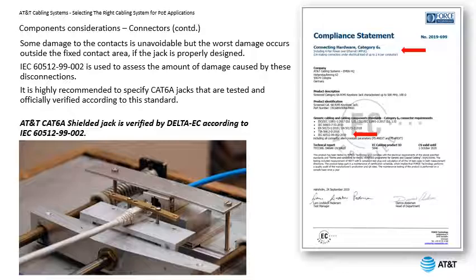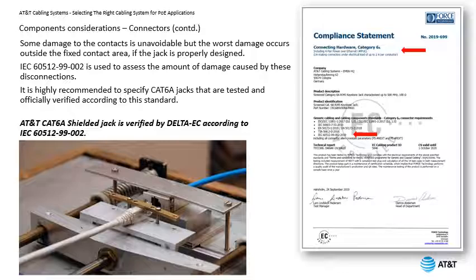IEC 60512-99-002 is used to assess the amount of damage caused by those disconnections. Therefore, it is highly recommended to specify Cat6A jacks that are tested and officially verified according to this standard.